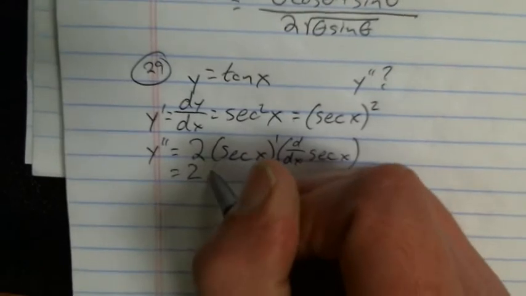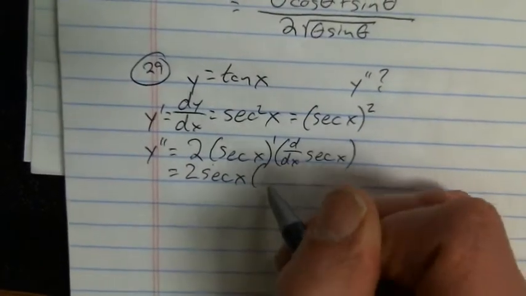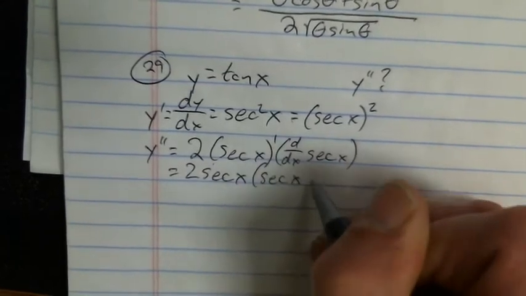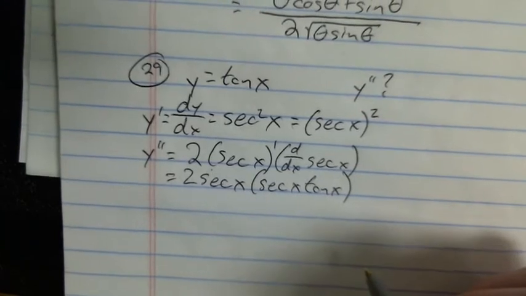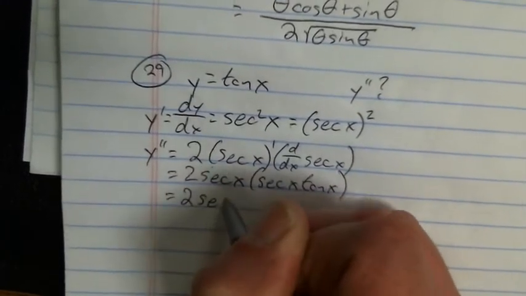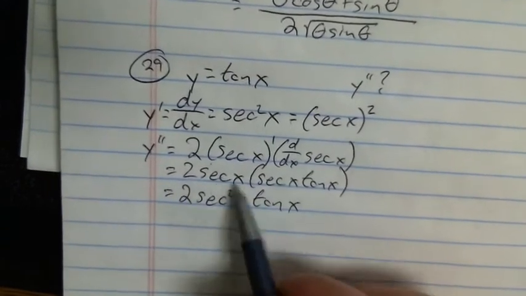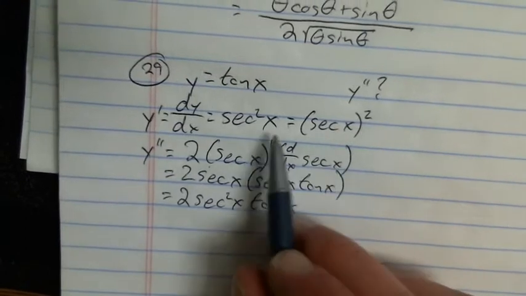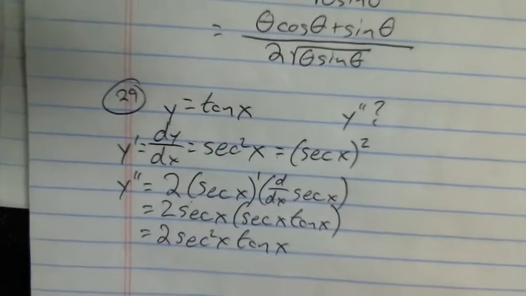That'll be 2 secant of x, and the derivative of secant is secant tangent. Now we can clean this up a little bit. That's 2 secant squared x tangent of x. Secant times secant is secant squared. That's fine for 29.